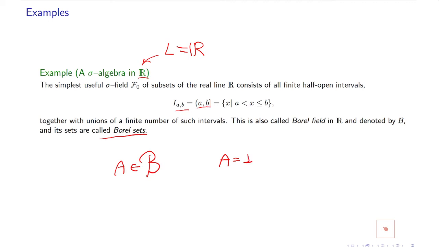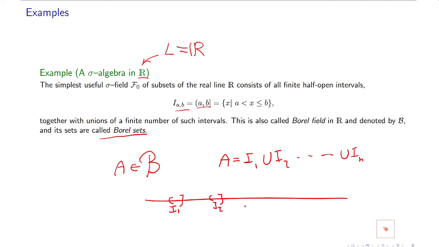So A is equal to interval 1, union interval 2, etc. You could write it in terms of a number of intervals, it could be countable, I1, I2, etc. So Borel field is the smallest sigma algebra which includes all of these.